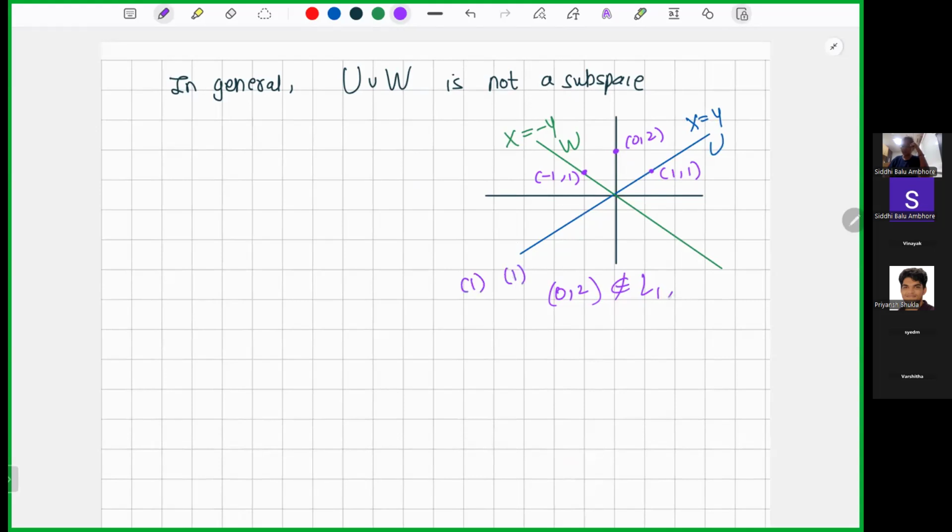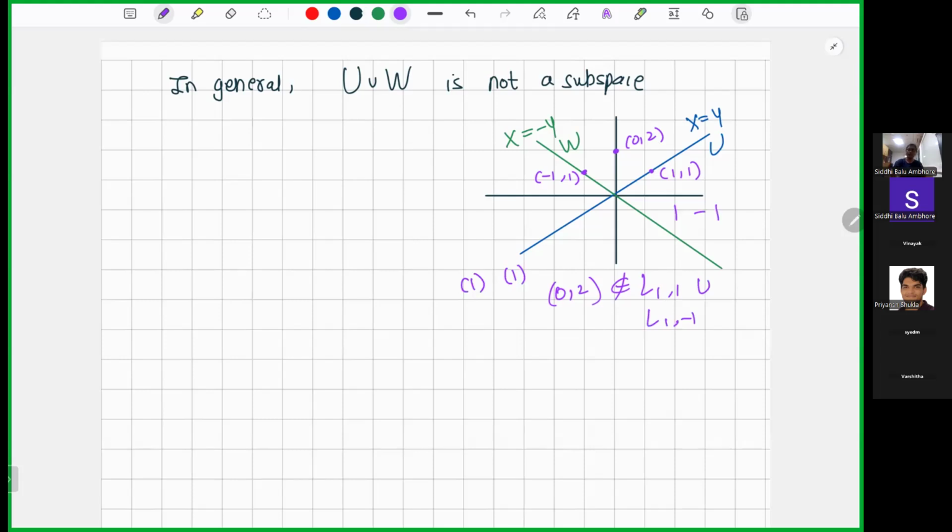This is L 1, 1, and this will be L 1, minus 1. So this will be L 1, 1 union L 1, minus 1. This 0, 2 is not inside the union of these two subspaces. That's what I'm saying. So in general, this is not a subspace.